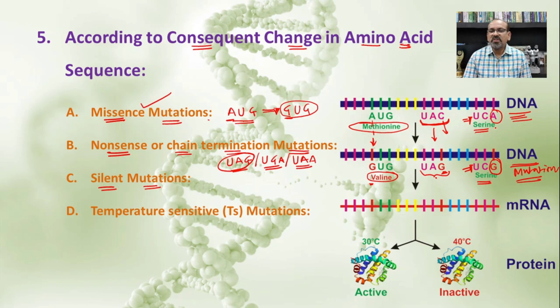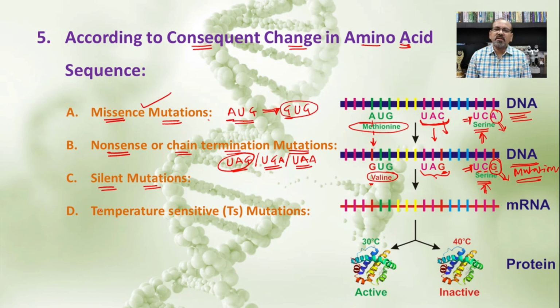But in both cases, though there is a change in the last or third nitrogen base of the codon, there is no change in the recognition of the amino acid. UCA recognizes serine, and UCG also recognizes the same amino acid, serine.